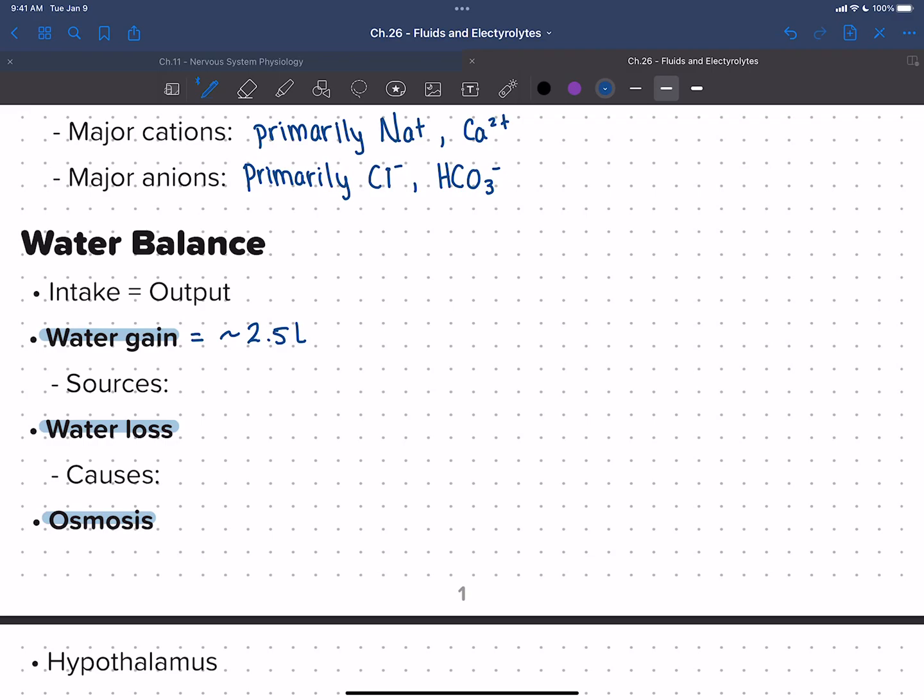Okay, and this would be from, obviously food you eat contains moisture, you drink water or different fluids, right? So food and drink, that's pretty straightforward. Also, we do get some level of water through the process of cellular respiration. That is a byproduct made during cellular respiration. Right, so those are the three primary sources for gaining water in your body.